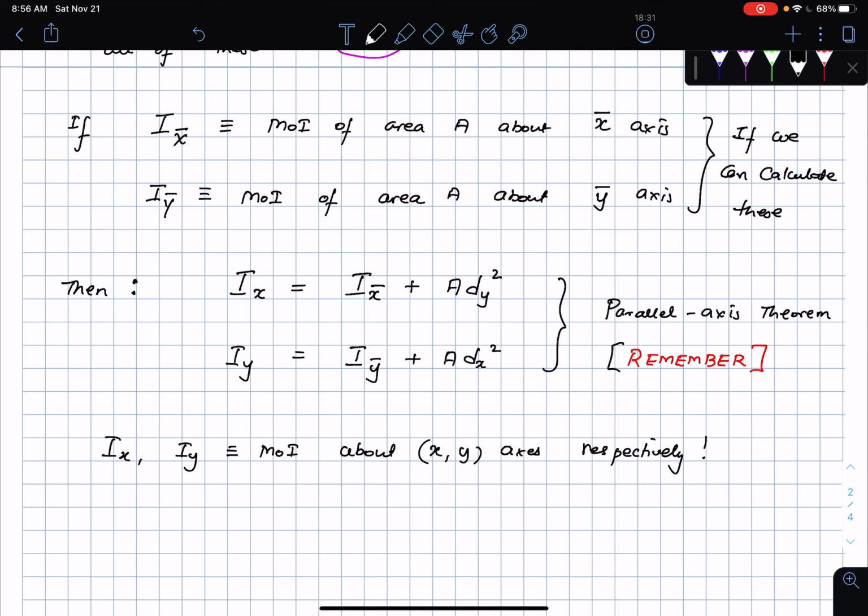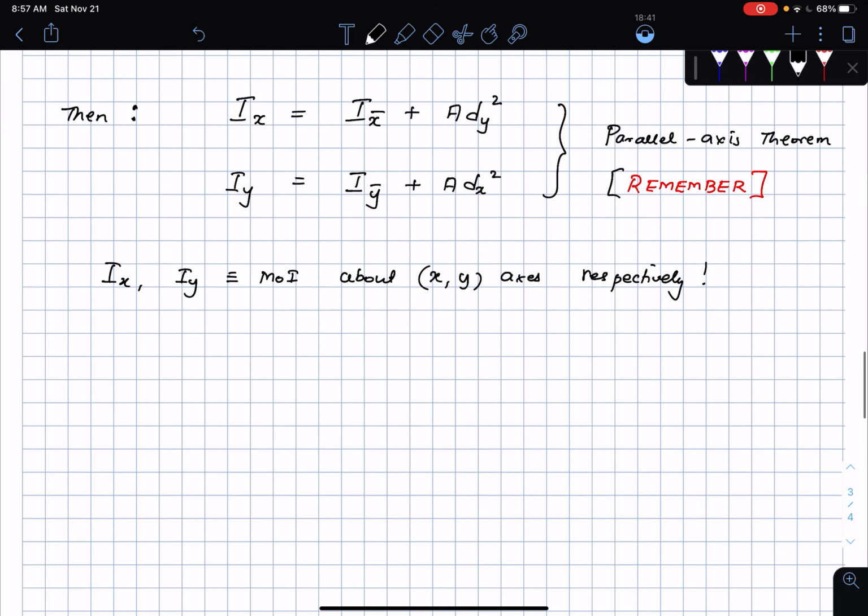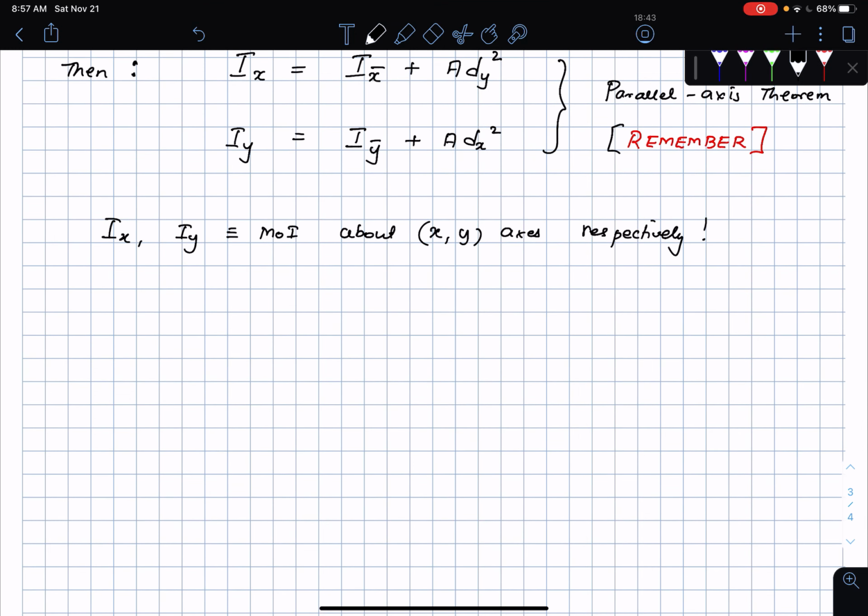So this is typically what we have in terms of the parallel axis theorem, and our situation is we're going to be focusing mostly on rectangular shapes. So I'm going to use this theorem for rectangular shapes. Our focus is on rectangular shapes.